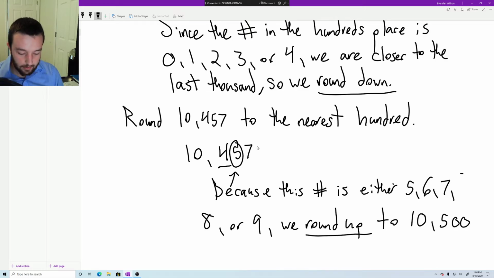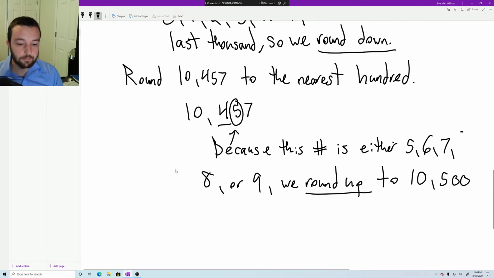Okay. So when we're doing this, we're asking ourselves, is 10,457 closer to 10,500 or 10,400? And the 5 being in the tens place tells us we're closer to 10,500. And we could check that if we do the math here. We are 43 away from 10,500, whereas we are 57 away from 10,400. Okay.